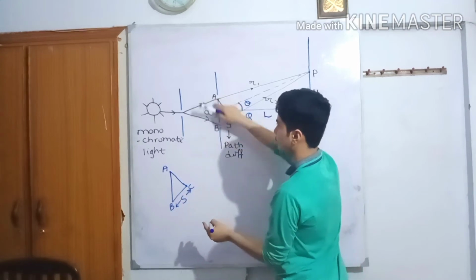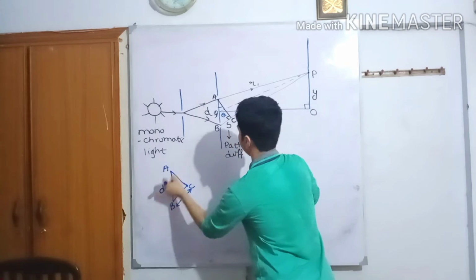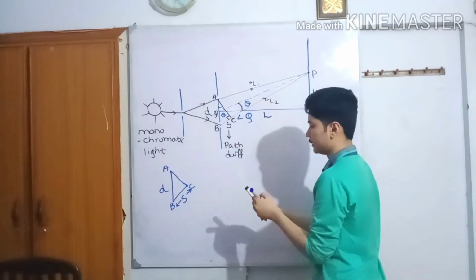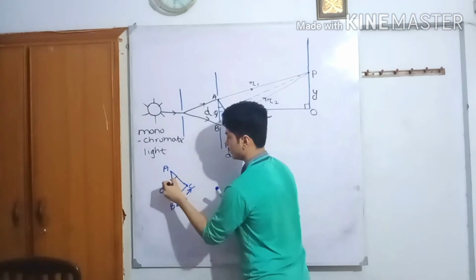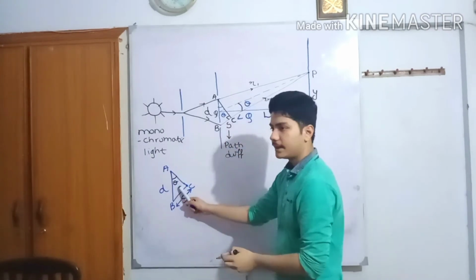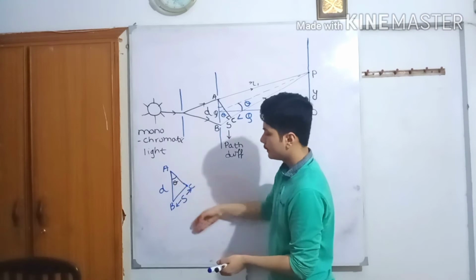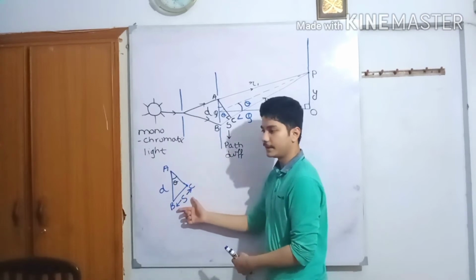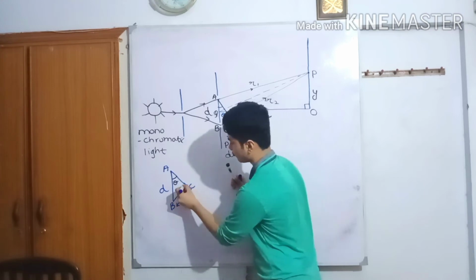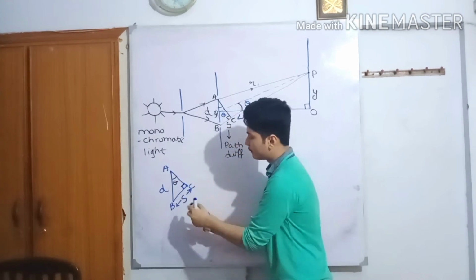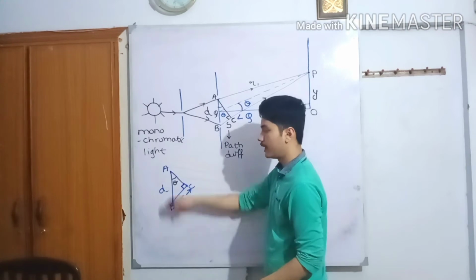This is the distance between the two slits, you call it D. This is angle theta, I'm going to mark it in black. The side in front of angle theta is the opposite, and the side in front of 90 degrees is called the hypotenuse.